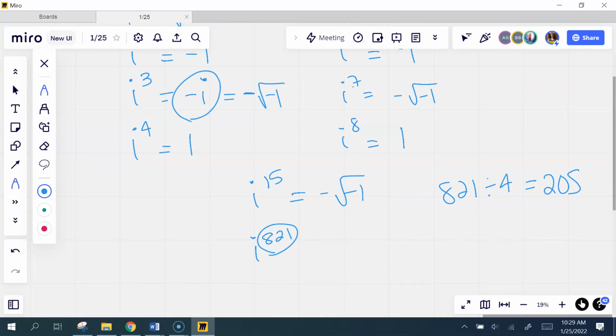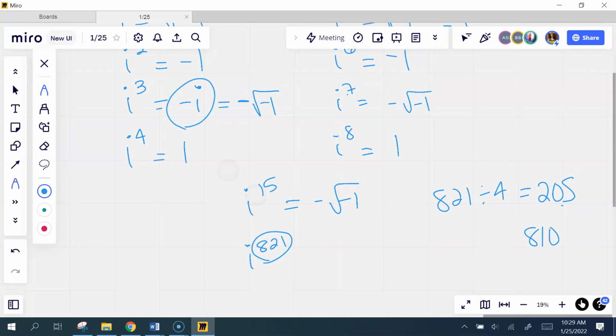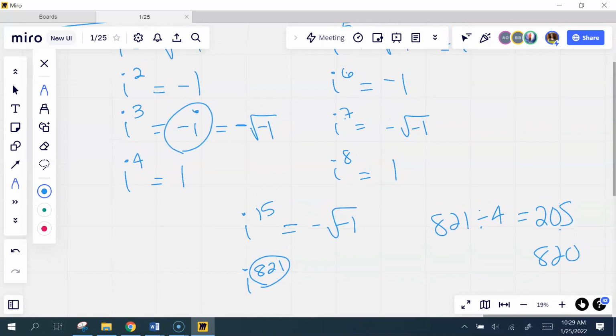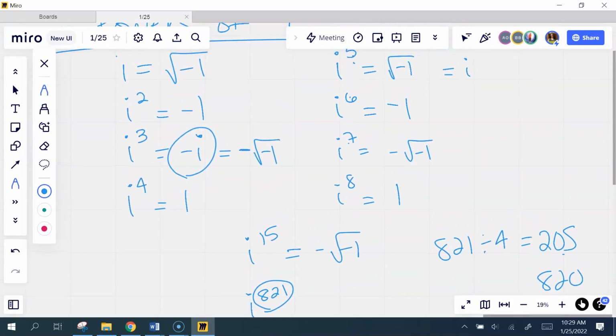And how many's left from that? So what is 4 times 205? Right? And I got one more left. Do you agree? So what would it be?